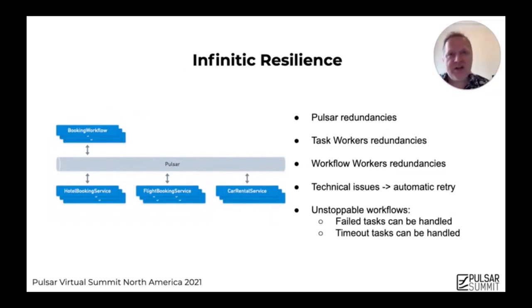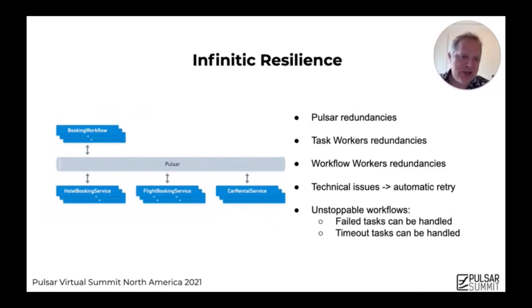For example, the guarantee that no message will be lost. And as you can scale the task workers horizontally, you also have the guarantee that your messages will be processed. The same thing for workflows: you can scale them horizontally, and so you have the guarantee that the workflow will actually run.